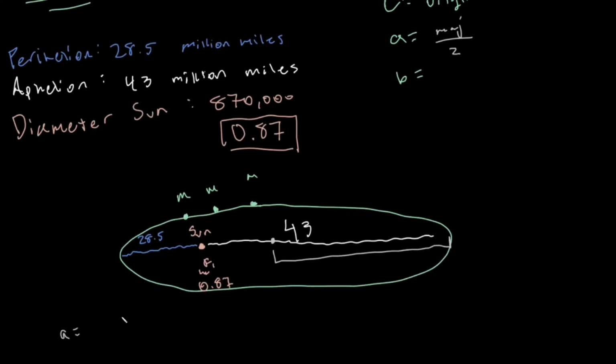If I sum them, I get the major axis. If I divide by 2, I get A. So A is 28.5 plus 0.87 plus 43, all divided by 2, and I get 36.185.